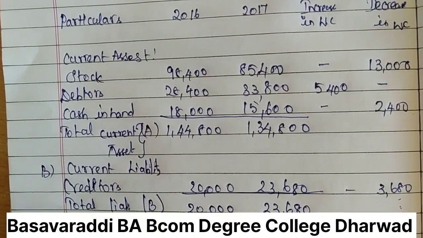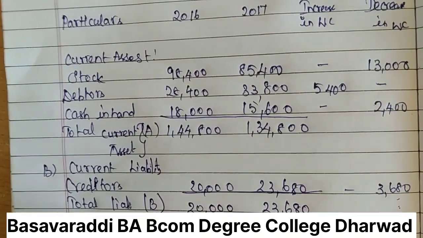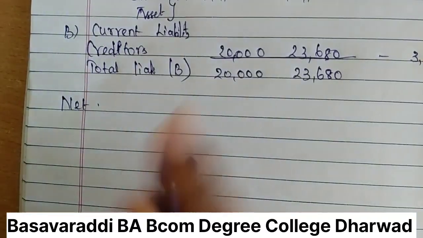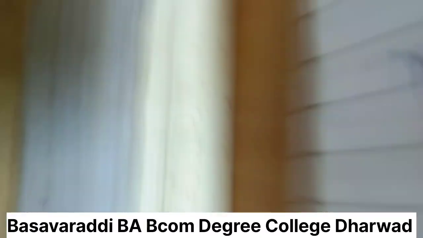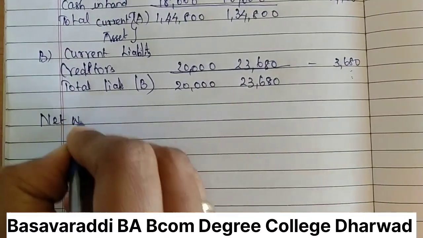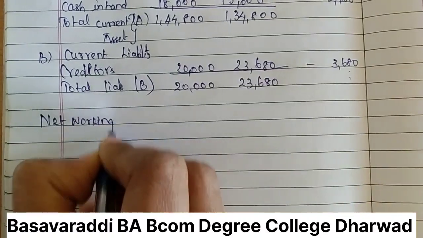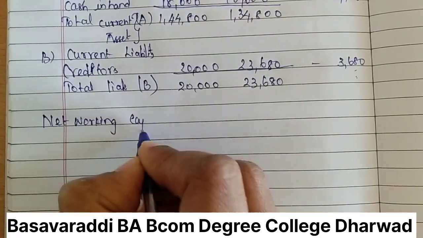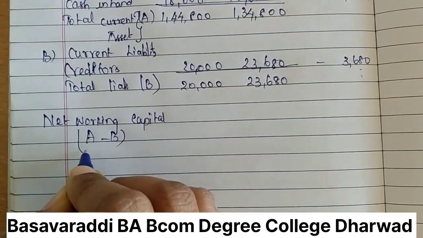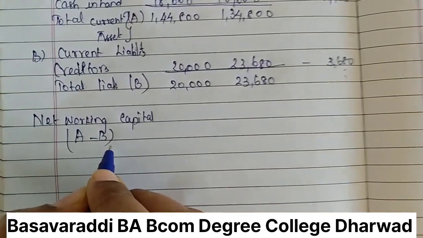Now we have to find our net working capital. A minus B, that is current asset minus current liability.